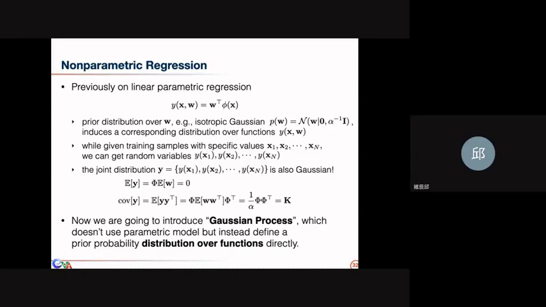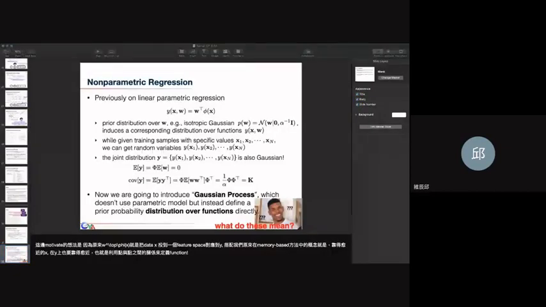That means now we try to use the relationship between the data points.